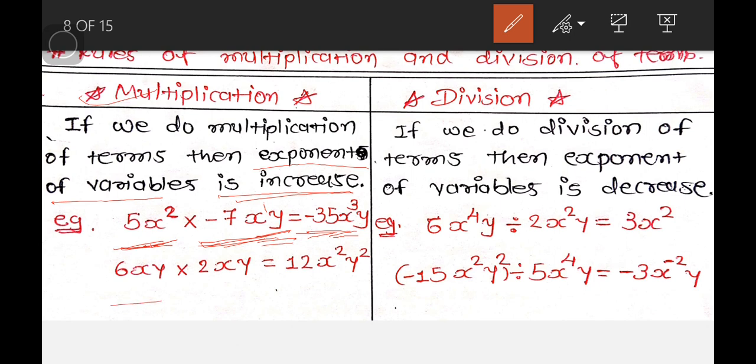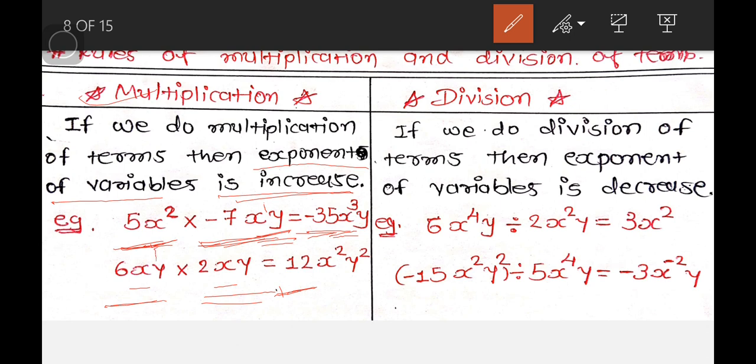One more example, 6xy multiplied by 2xy. First we multiply 6 and 2, so 6 into 2 is equal to 12, and they have the same sign, so we put a positive sign. In both terms there are two variables, x and y. As we said, the exponent of variables increases.